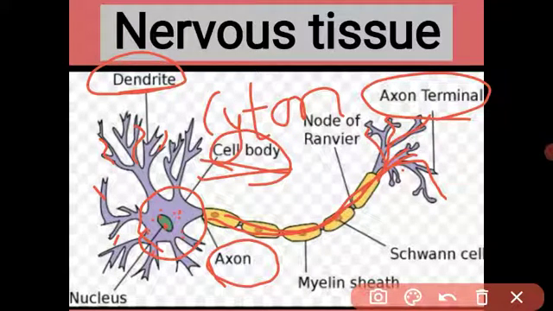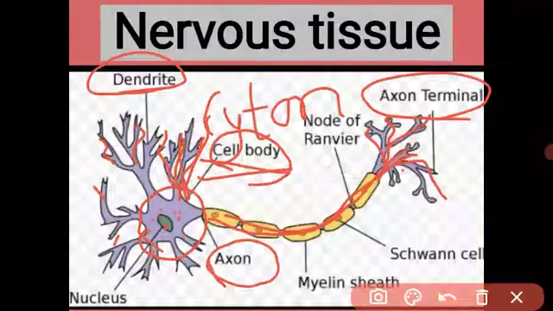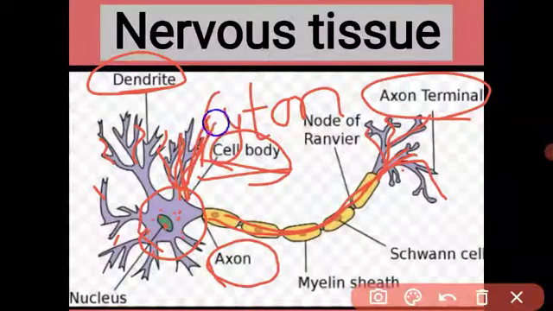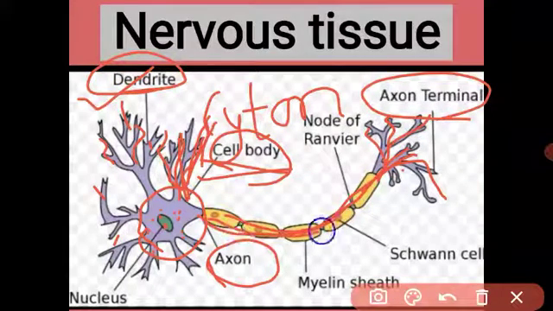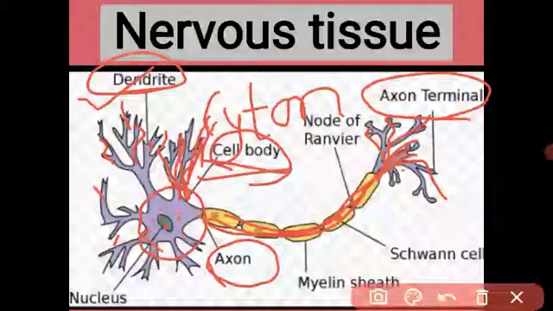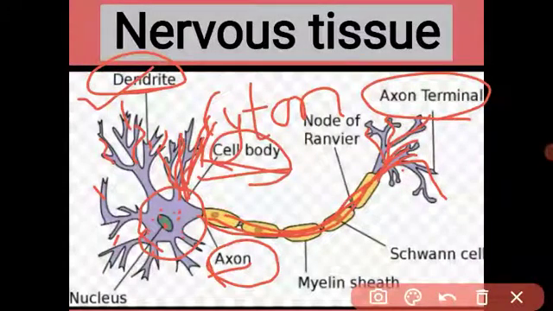Got it? The cyton, also called the cell body, contains a central nucleus and cytoplasm. In the cell body arise some dendrites, some branch-like structures. These arise from the cyton and then further branch, called the dendrites. And one branch is a long cylinder-like fiber, called the axon.